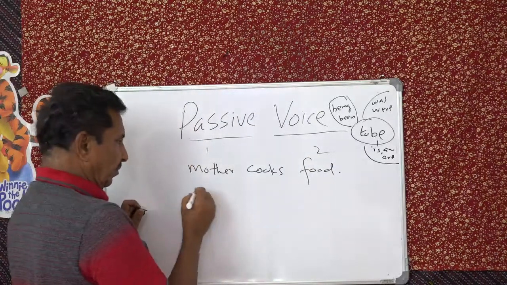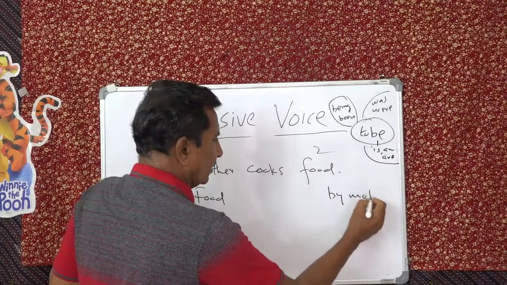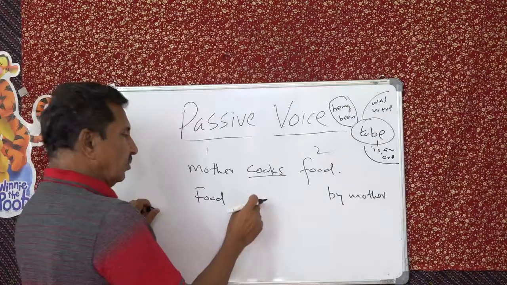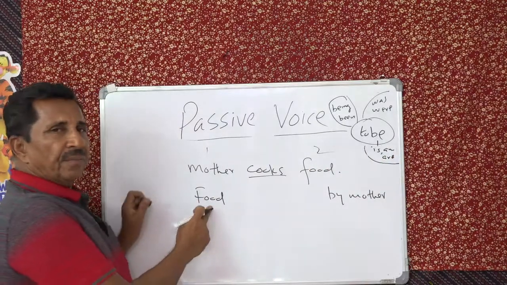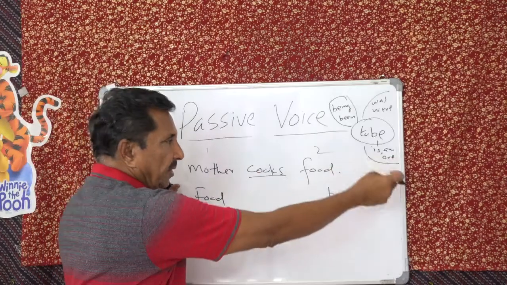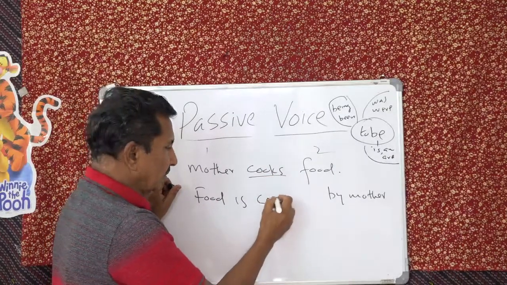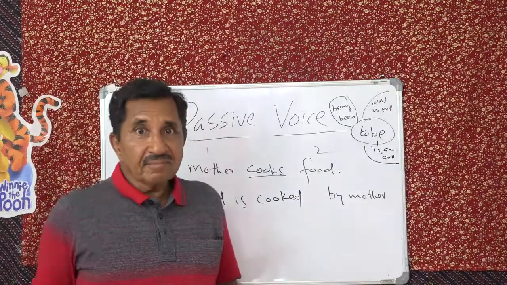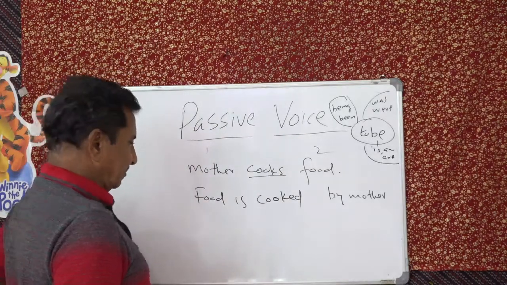So the object comes here, food, by mother, agent, and present. So here you should use the present form of is, are. Here food is third person. So which one? Is. What is the past participle of this verb? Cooked. Food is cooked by mother. Very simple.